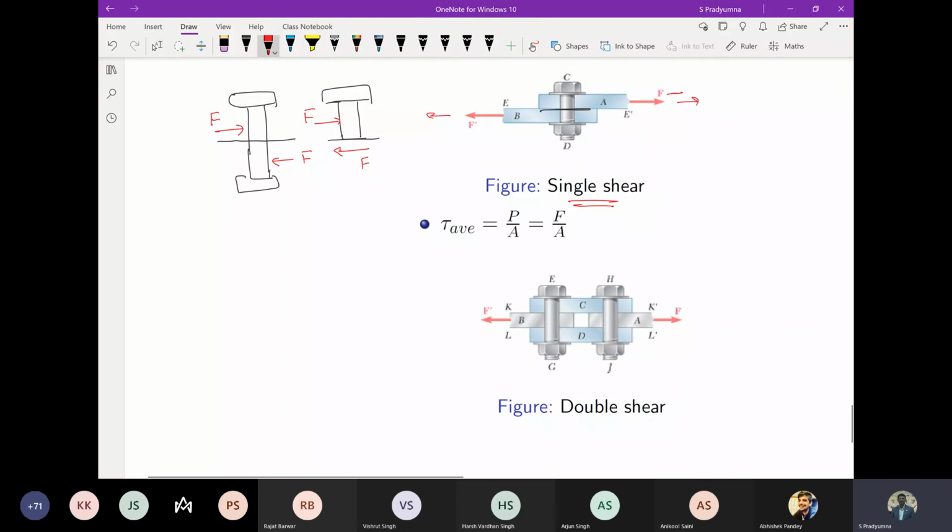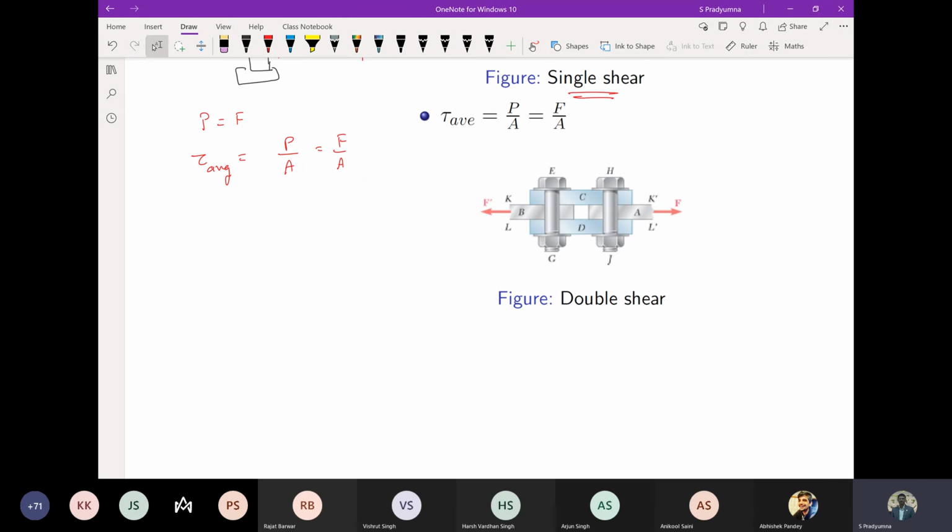Or I just say this is equal to P. I don't know this P. By considering that F is equal to P because of equilibrium, the average shear stress tau is equal to P by A, that is F by A. So the shear stress is obtained by force divided by the area. Now if I come to this case, what happens if I draw the free body diagram of this bolt? So I have a bolt like this.